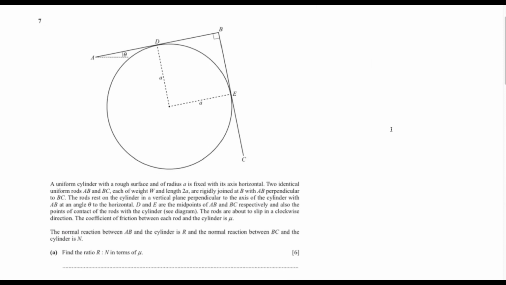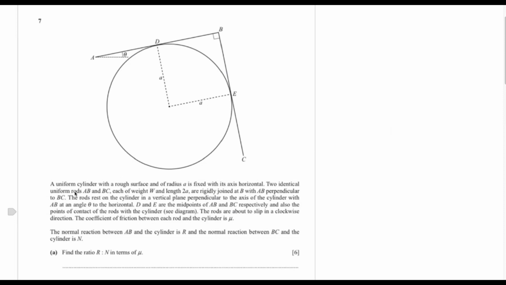Okay, so let's see. A uniform cylinder with a round surface and of radius A is fixed with its axis horizontal. So this is the cross-sectional area of the cylinder.